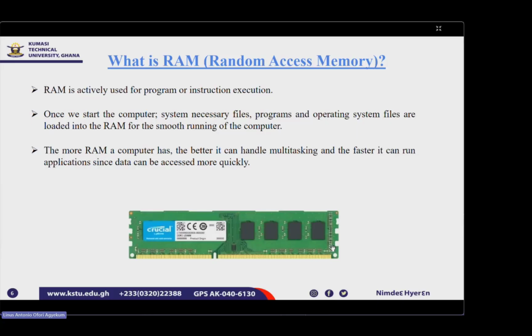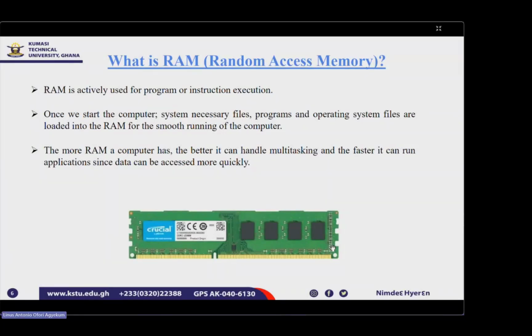The difference is that the RAM is randomly accessed. But for the ROM, the basic function is that there is data already written onto the ROM, so it becomes read-only.